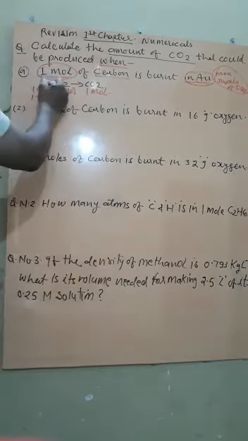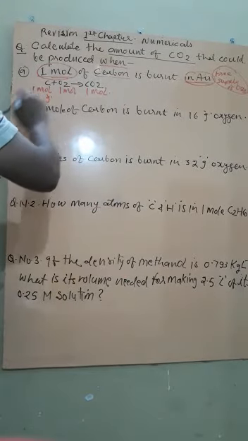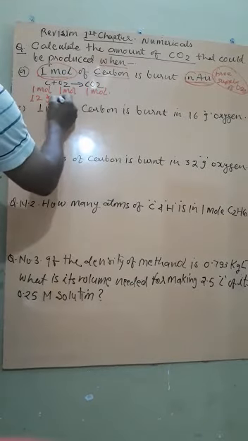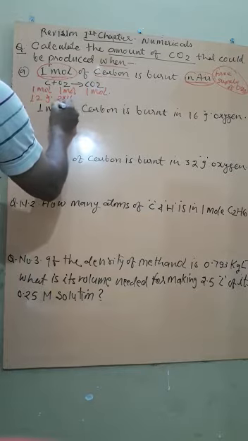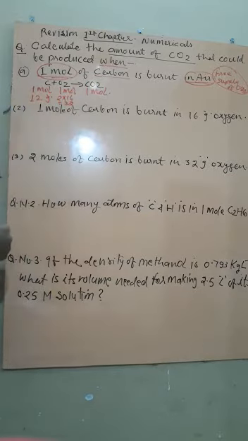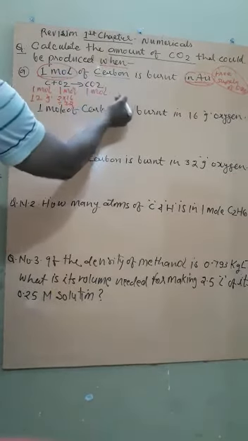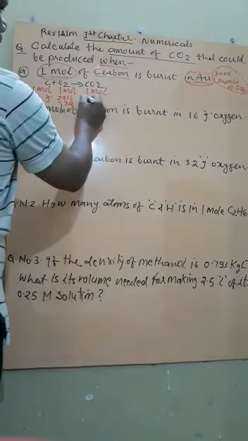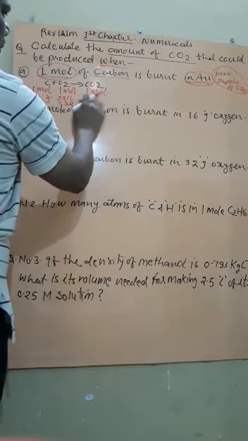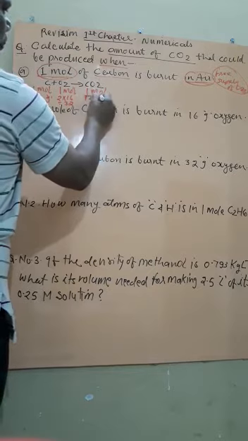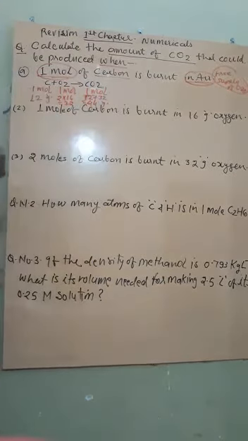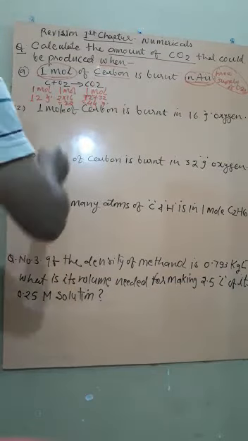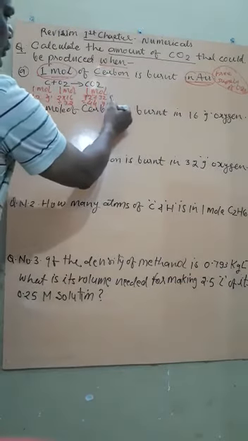So the molar mass of carbon is 12 gram. 1 mole of O2 means 2 into 16, that is 32 gram. And 1 mole of carbon dioxide means 12 plus 32 is equal to 44 gram. So here is the balanced chemical equation and its stoichiometry.